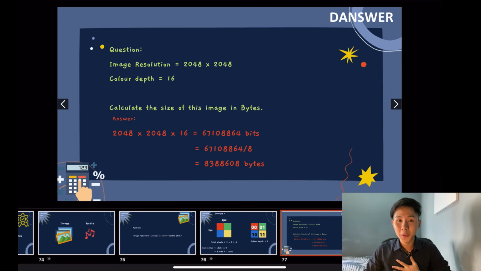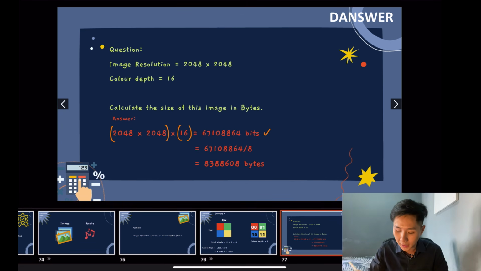So let's move on to a real exam question on image resolution. Let's say I have an image of 2048 times 2048 with a color depth of 16. I can just use the formula, the image resolution multiplied by color depth, and we'll get the size of it in bits.